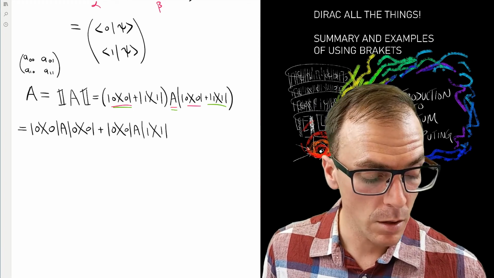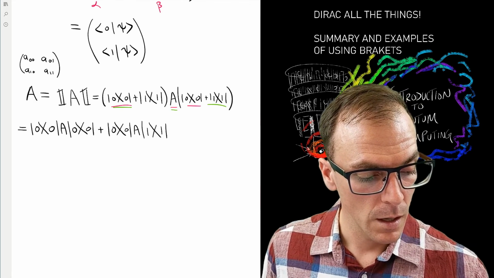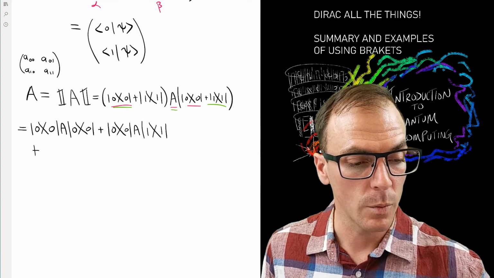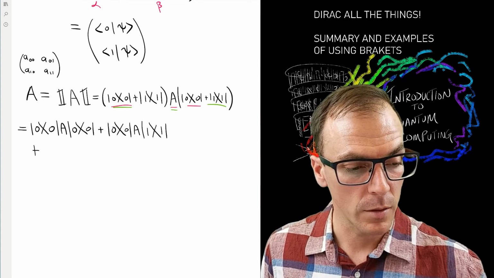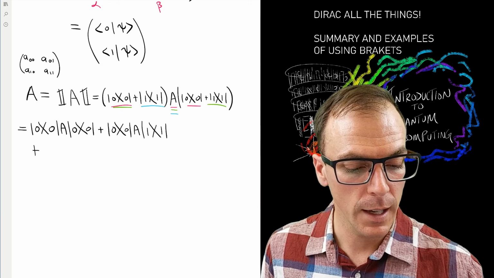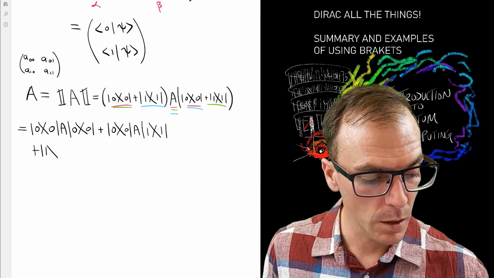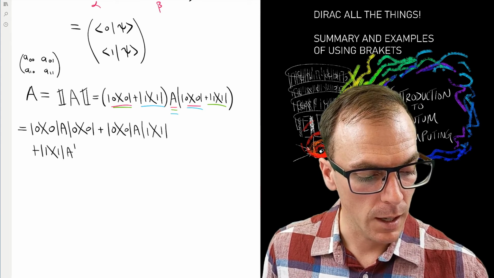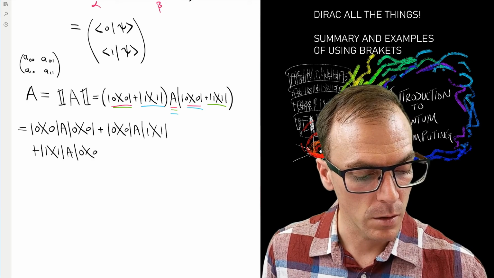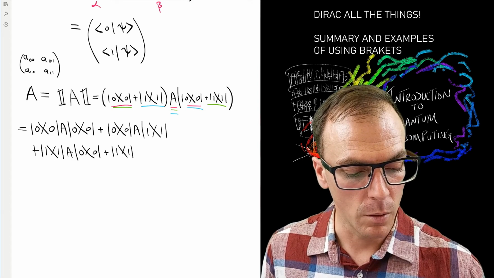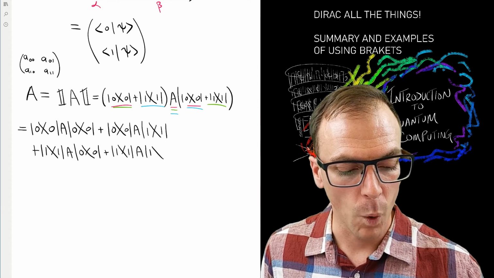Those are the first two terms, and we'll use a second line here for the term where we have ⟨1|A|0⟩, and then there will be only one term left: ⟨1|A|0⟩ plus ⟨1|A|1⟩.